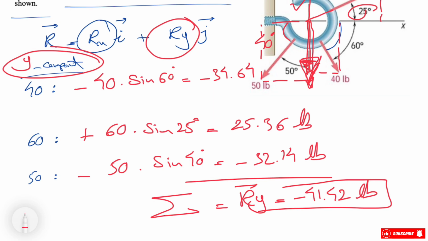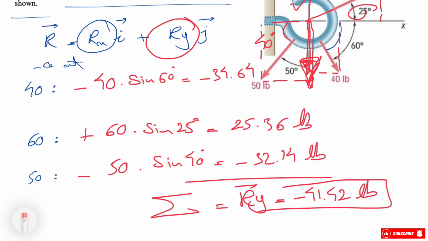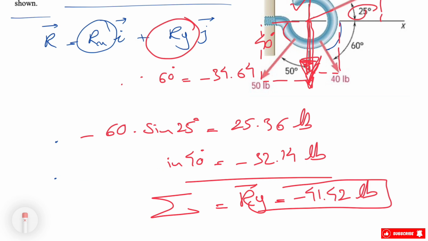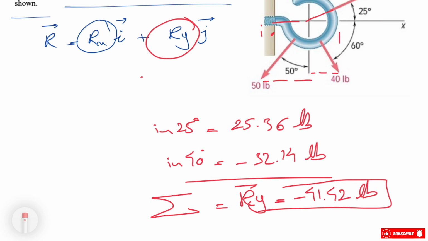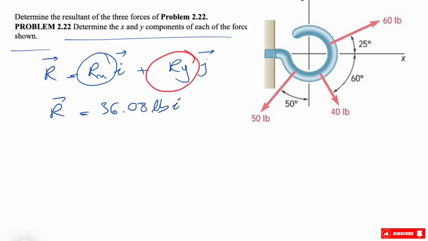So now we found Rx and Ry component of the force, and we're good to go to find the magnitude and direction of the resultant, and that would give us the final answer for this question. What we found at the end was 36.08 pounds for i and minus 41.42 for j.